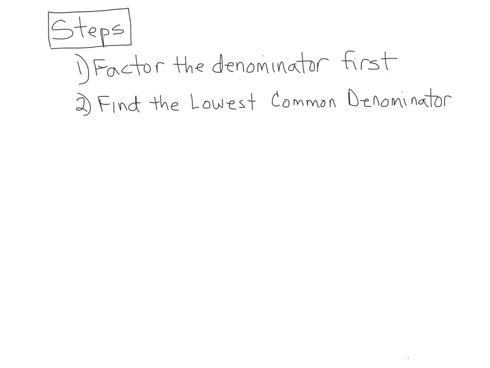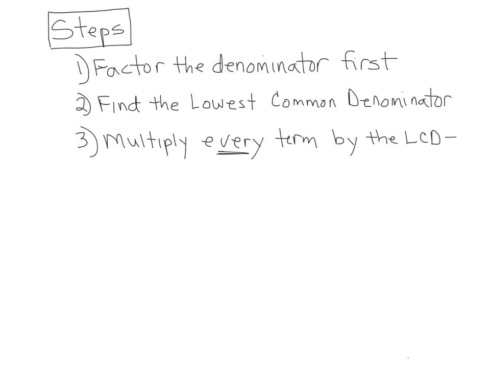Now, here's where it gets a little different, but it actually makes for an easier problem. You're going to multiply every term on the right side and on the left side of the equal sign by the LCD, the lowest common denominator.